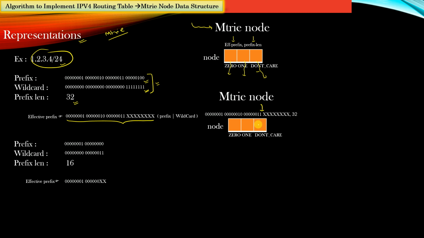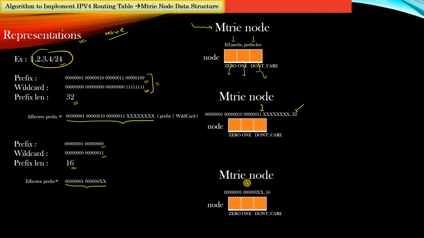This is the effective prefix. This is the prefix len. Similarly, if I have a 16-bit prefix and a 16-bit wildcard, then the effective prefix would be this one. And the mtry node that will store this information would have a 16-bit effective prefix, and this is the prefix len.